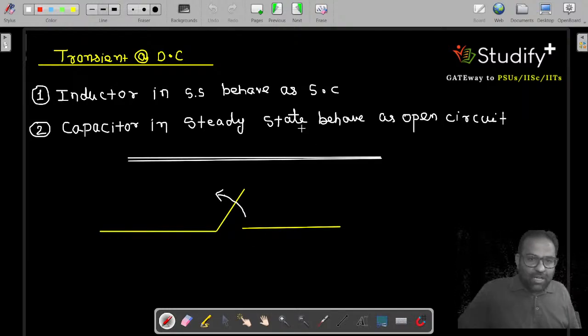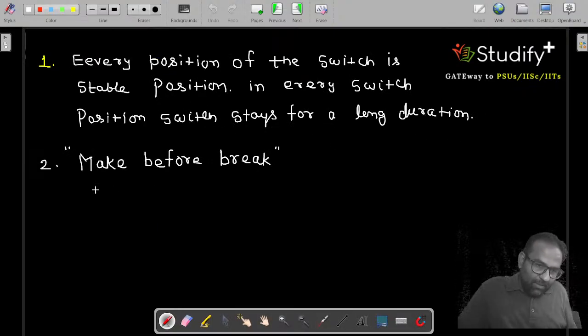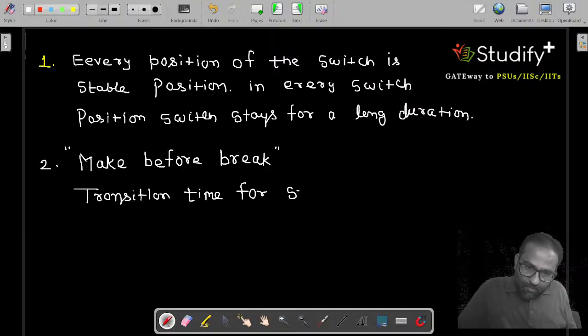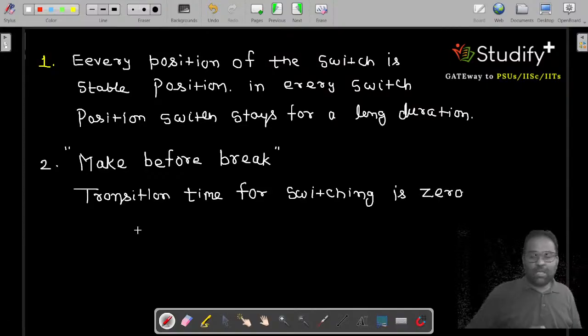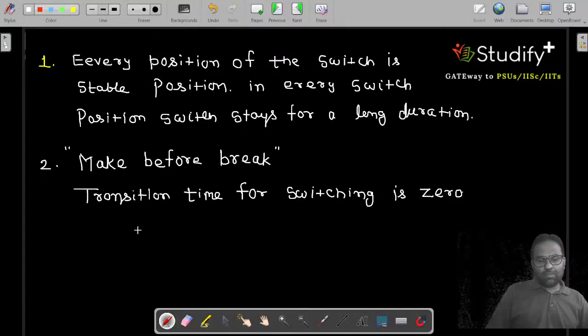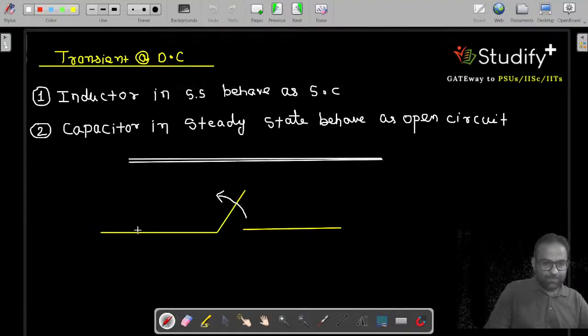So can I say the transition time for switching is zero? This is another important point, means no energy loss while I am changing the position of the switch, correct?